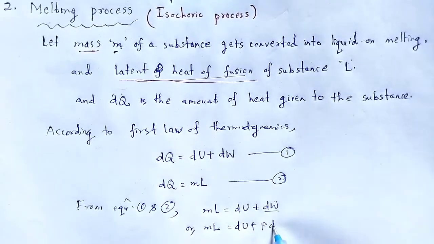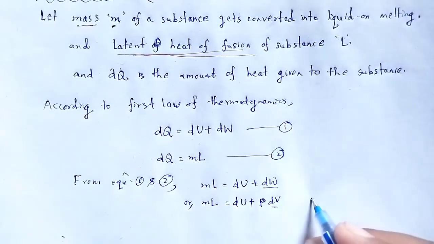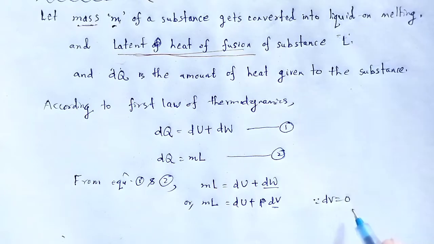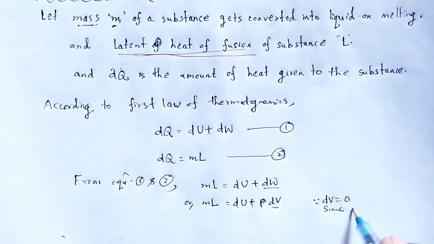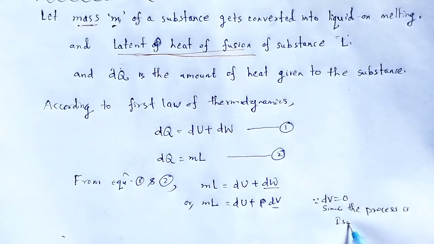or mL is equal to dU plus dW, that is P dV, but here dV will be 0, since the process is isochoric in nature.